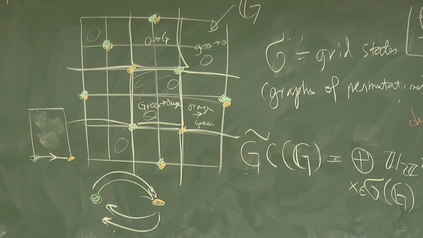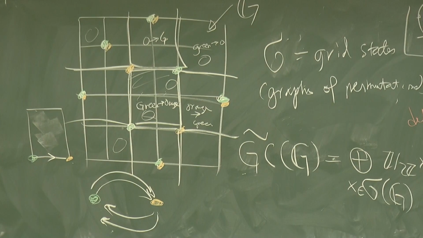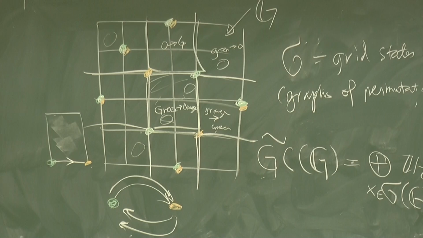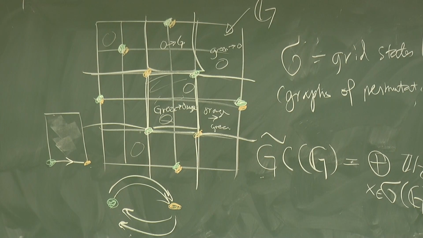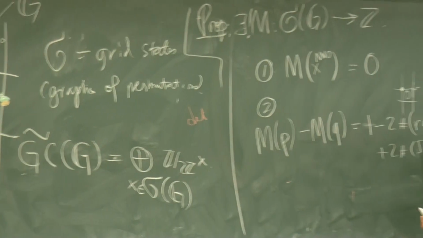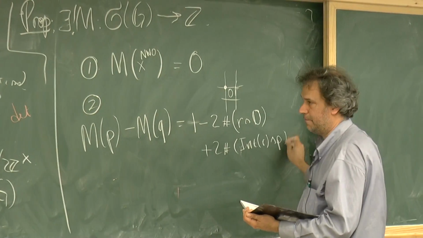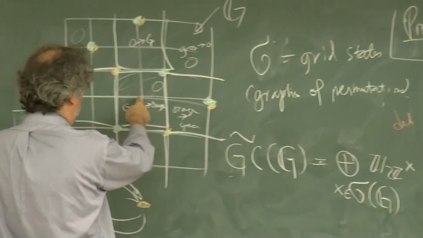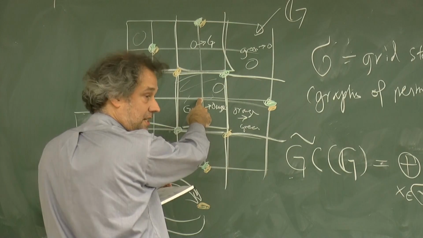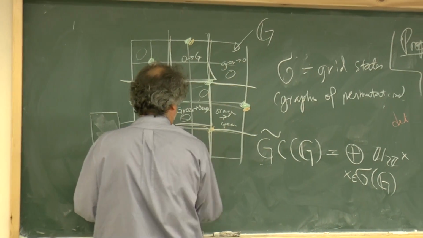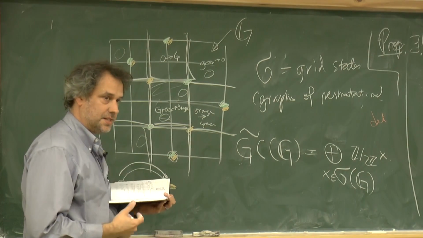let me just consult my notes so I don't get a sign wrong. Plus twice the number of times R, the interior of R, contains a component of P. So this rectangle has no green-orange markings in its interior, but this one contains this green-orange point in its interior.